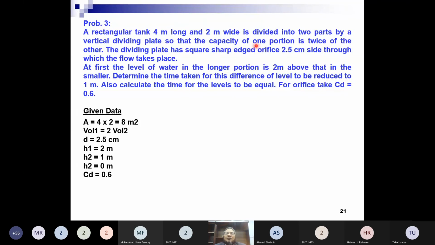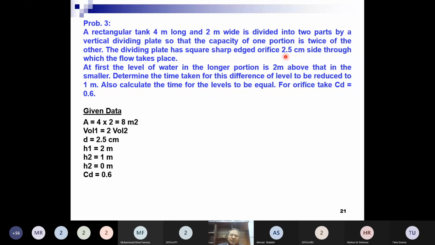So that the capacity of one portion is twice of the other. अब एक पोर्शन जो है कैपेसिटी उसकी डबल है, its capacity is double as compared to second tank.